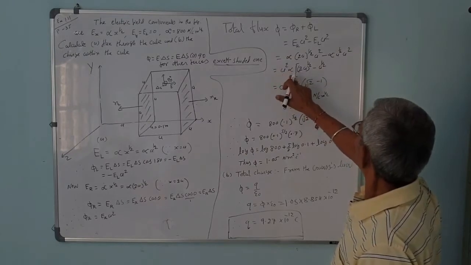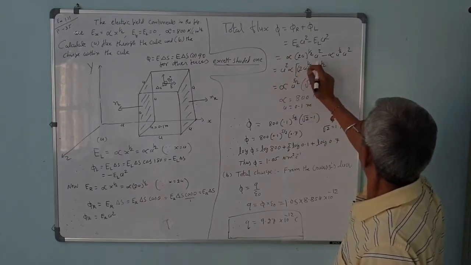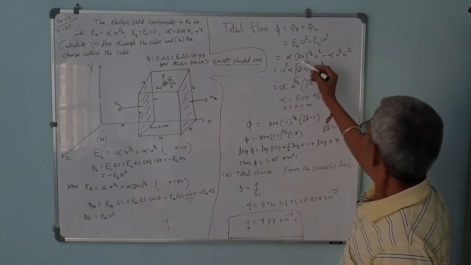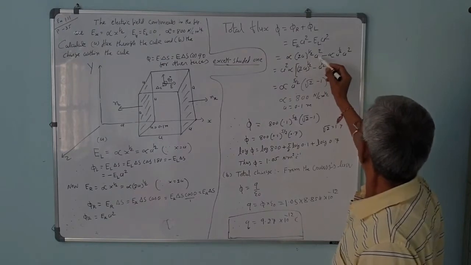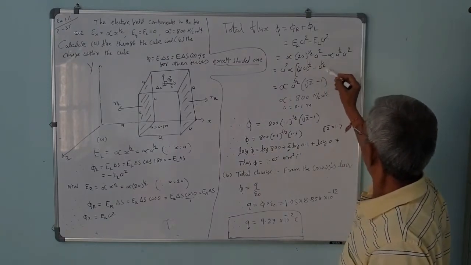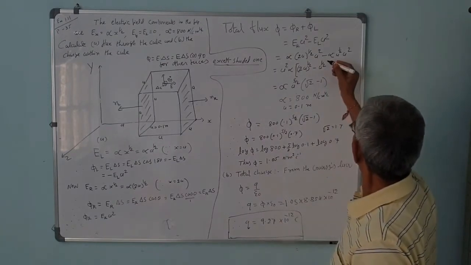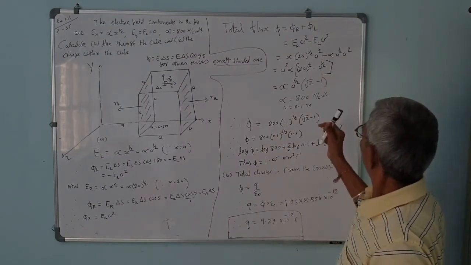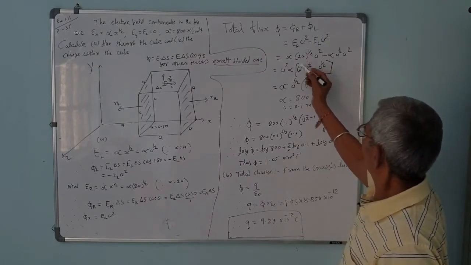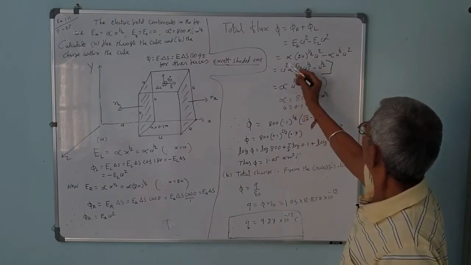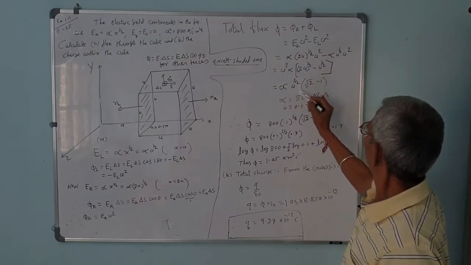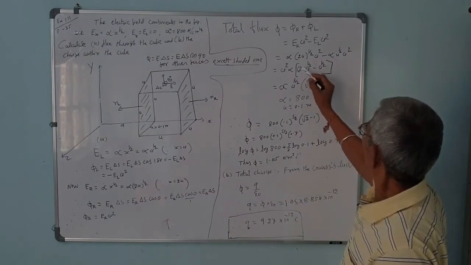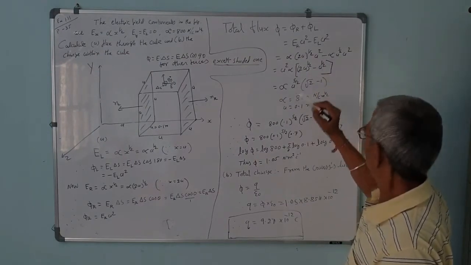That is equal to A square alpha common, into bracket (2a) raised to half minus a raised to half. Now take a raised to half common, again take outside. So alpha a raised to 5 by 2, into bracket under root 2 minus 1.